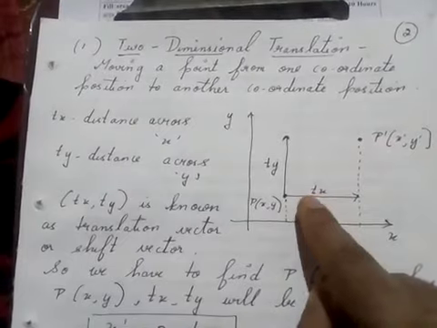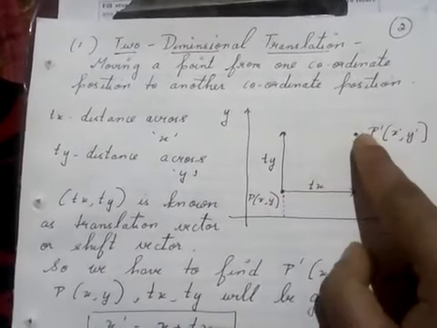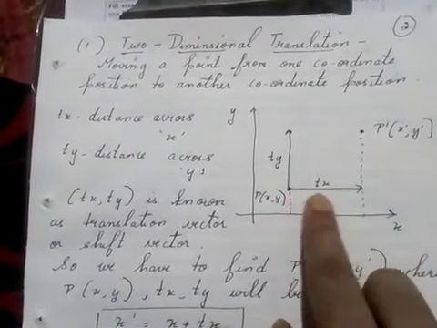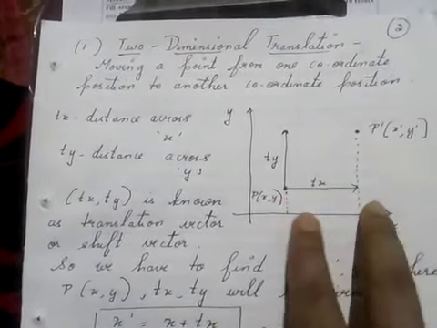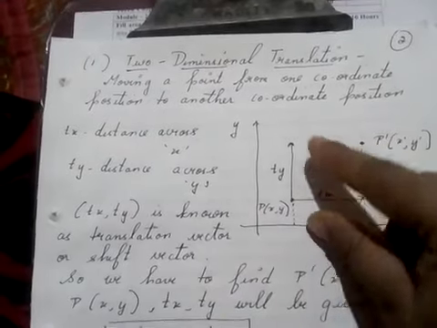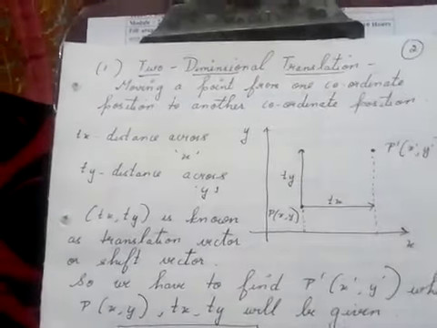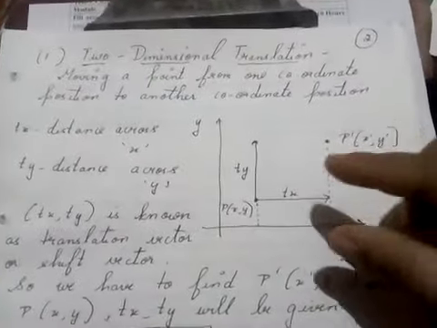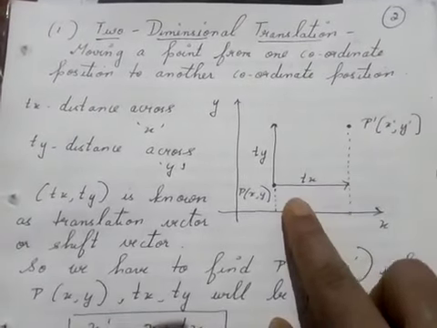For this point to go to this point, you have to travel this much distance in x, and from this point to go to this point, you have to travel this much in y.